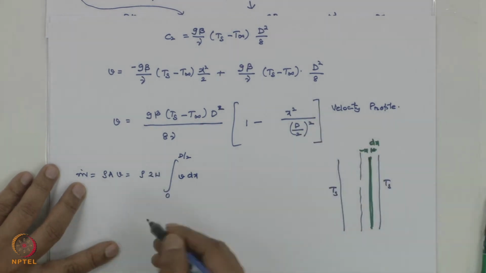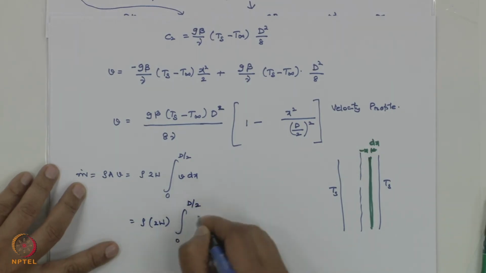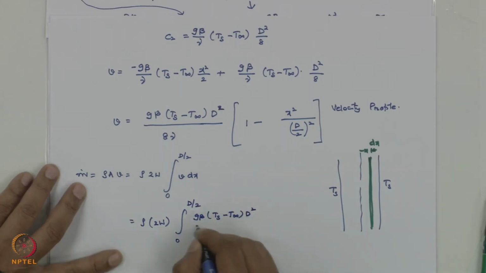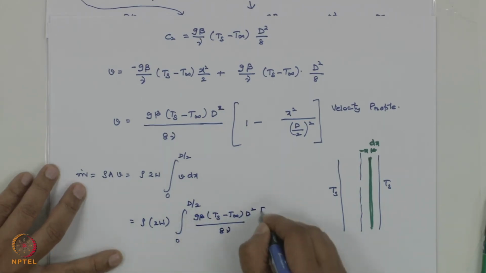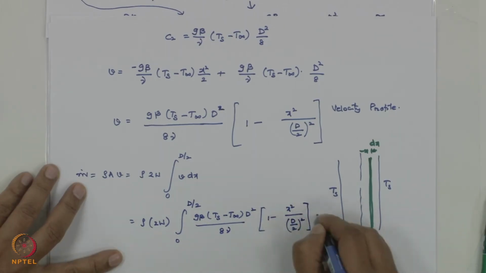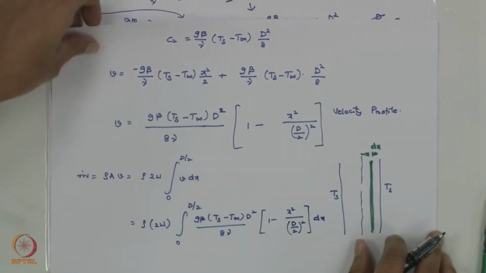So we have the function as rho into 2w, integral 0 to d by 2 of g beta Ts minus T infinity into d squared upon 8 nu into 1 minus x squared by d by 2 whole squared dx. Now I need to just do the integration, take the constants out.